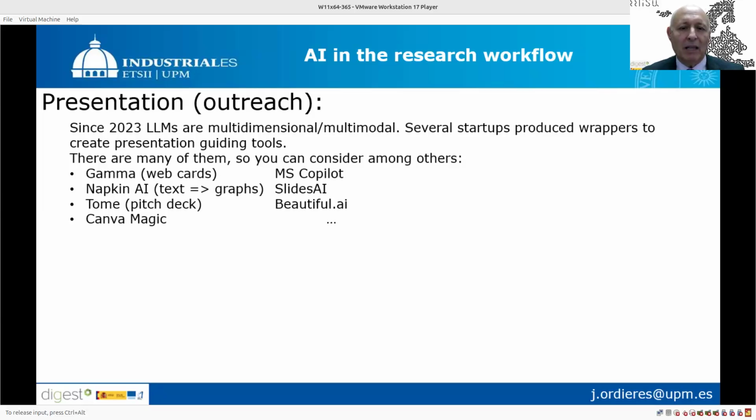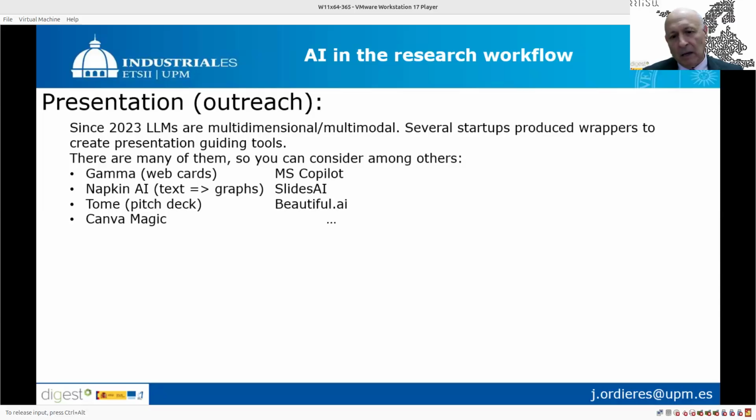Providing presentations is much more business-related, and there are a lot of tools, a lot of businesses connected to that kind of creative process. So you can find solutions like Gamma, Napkin, Tome, Canva Magic, Microsoft Copilot, Slides AI, or Beautiful AI. So a lot of things apart from the classical generalistic models.